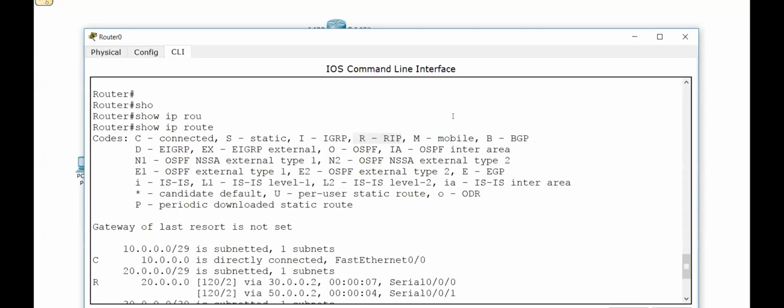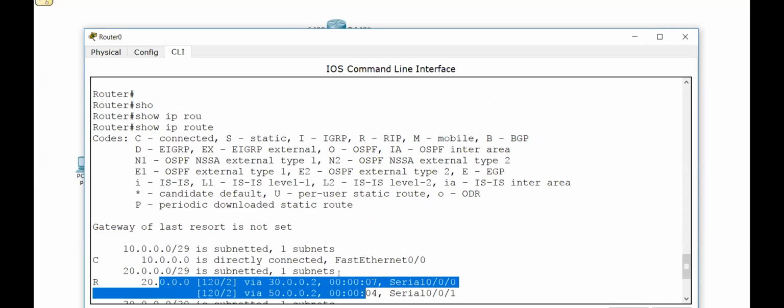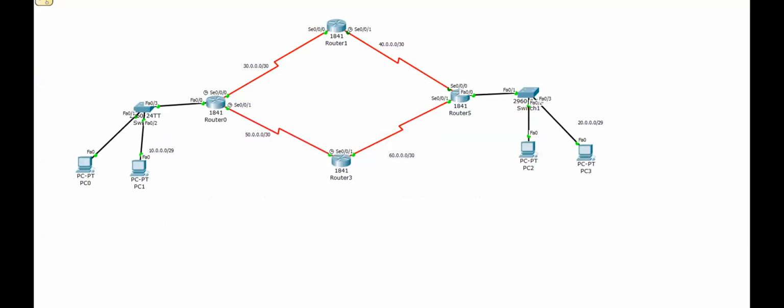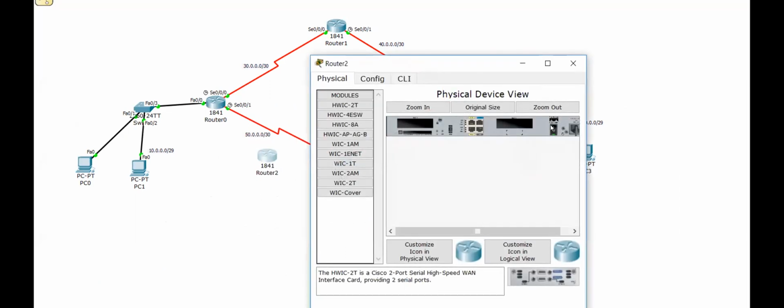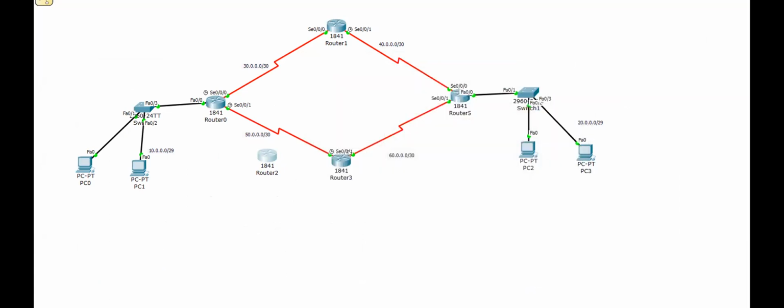Okay, now for example, load balancing is there for 20, but what if we have one more router here? Now for example, I have a router here and I'm going to add that router. I have to change my configuration a little bit. Not an issue.